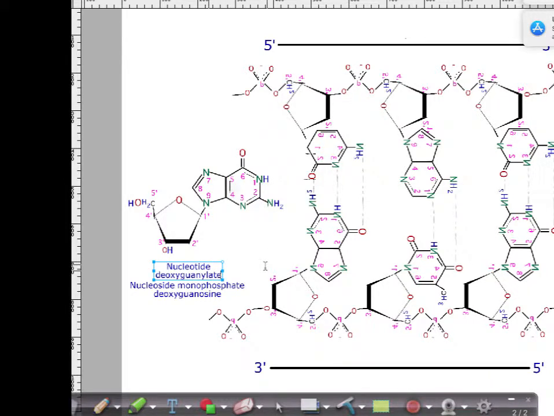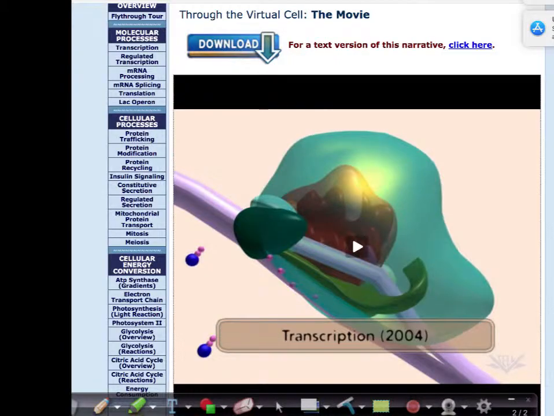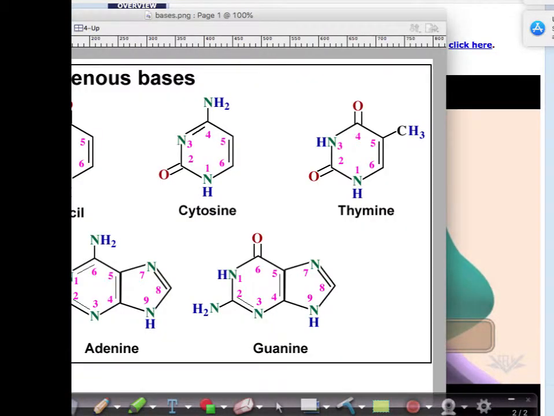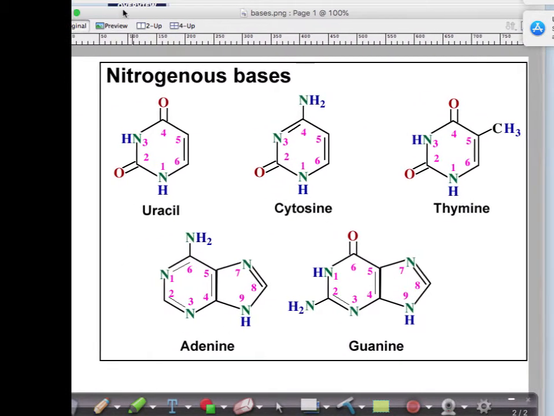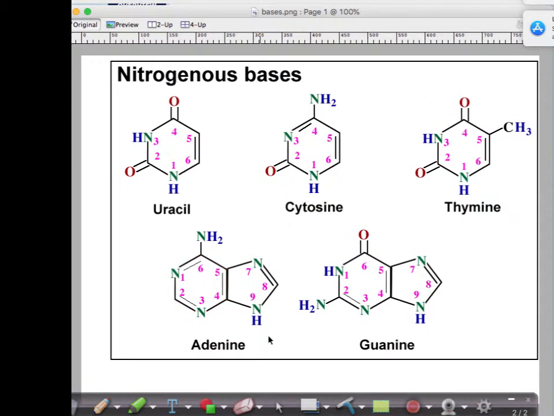We can also look at all the other nitrogenous bases, and in fact I've got a great picture that I'll provide you of all the other nitrogenous bases. So we've been working with guanine, but you could have deoxycytidylate or deoxyadenylate depending upon which of the nitrogenous bases were involved.